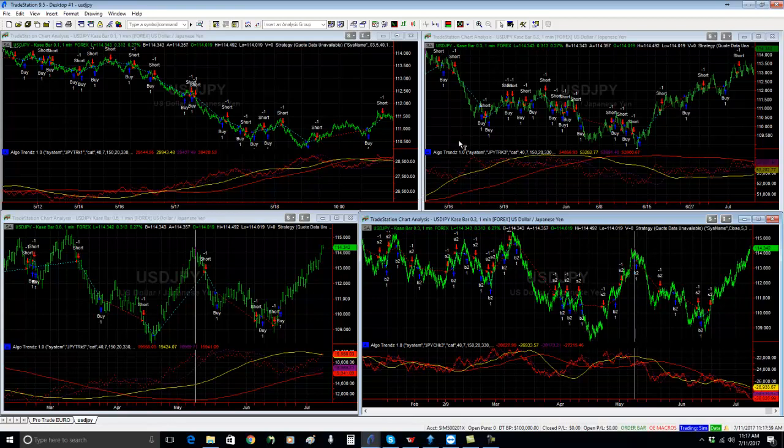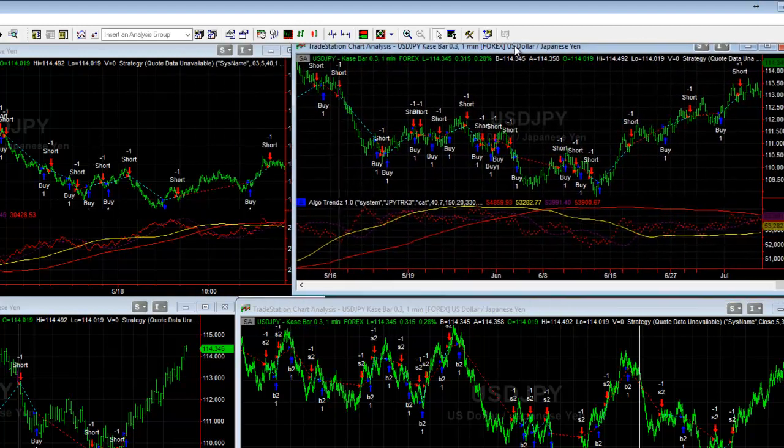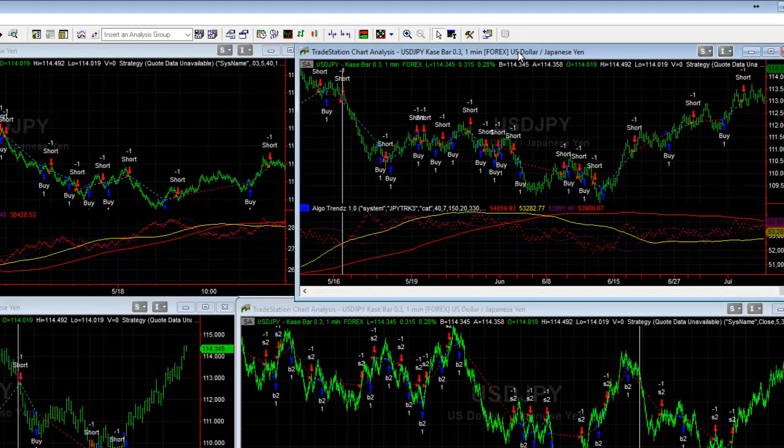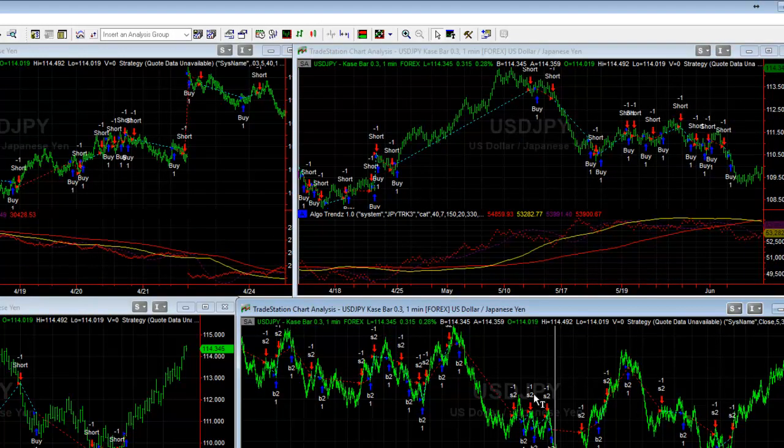Basically, we're monitoring roughly the same time horizons. The system that I've highlighted at the top is a trend-based trading system, and the system at the bottom is a chop trading system, or swing type trading system. For those of you that aren't familiar, the trend-based system looks for a breakout in price and wants to let a trend develop, and it will ride the trend until there's a reversal in trend.